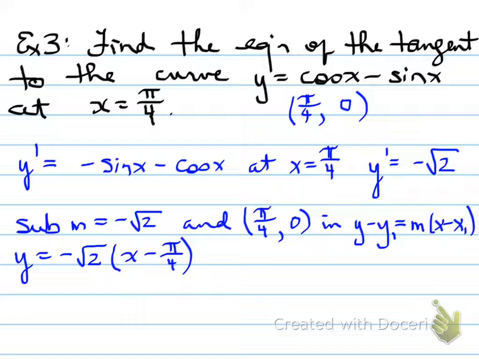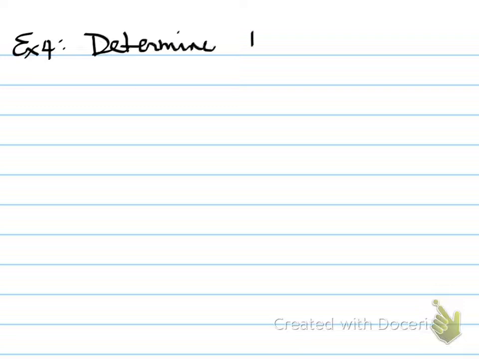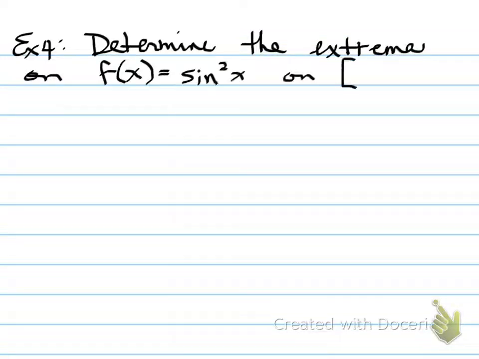All right, next one. Example number 4. Determine the extrema of f(x) equals sine squared x on the interval from 0 to 2 pi. Well, to determine extrema values, you need to set the derivative equal to 0.